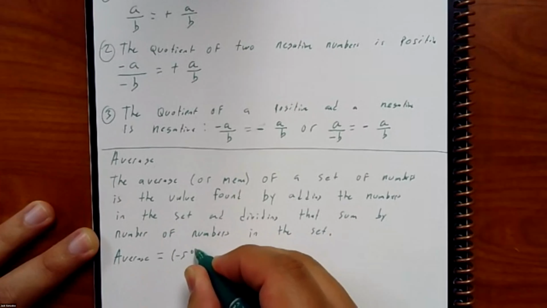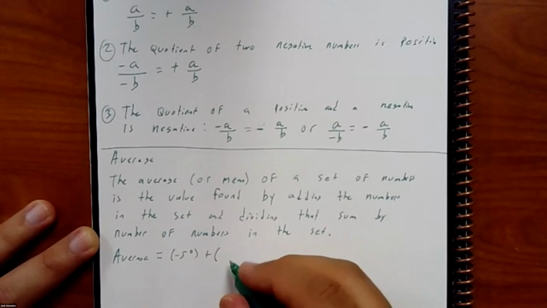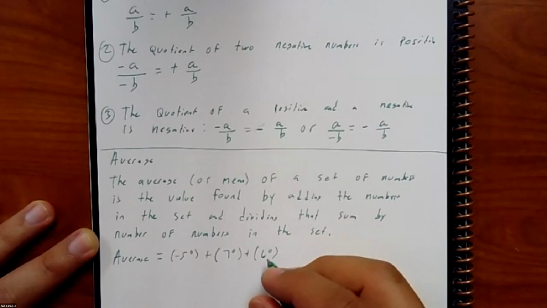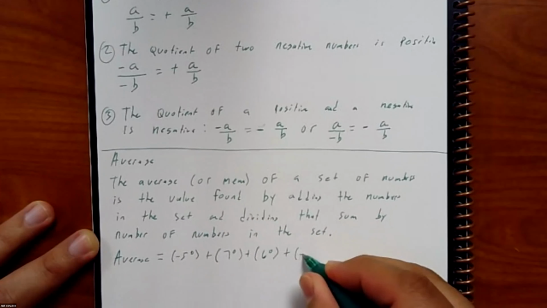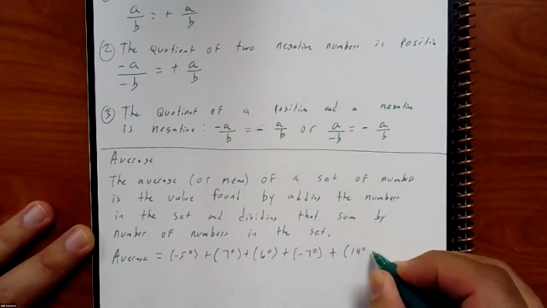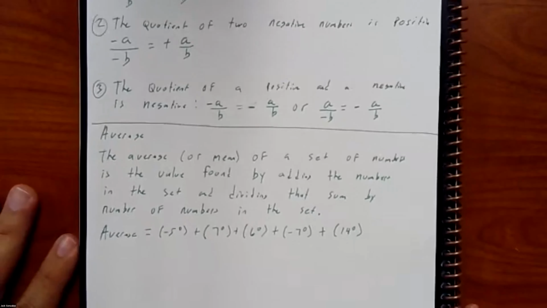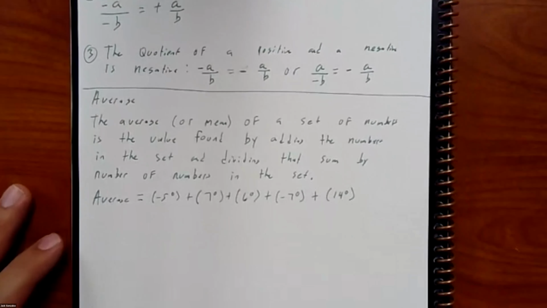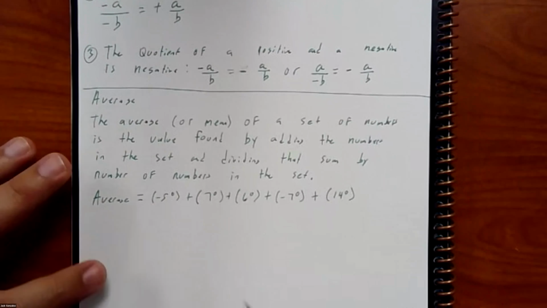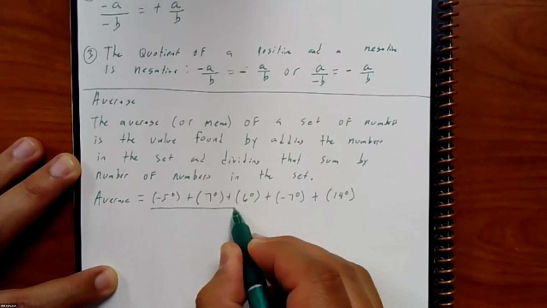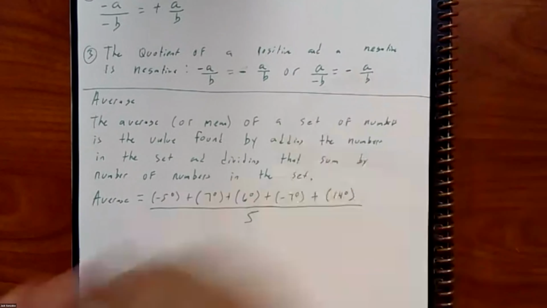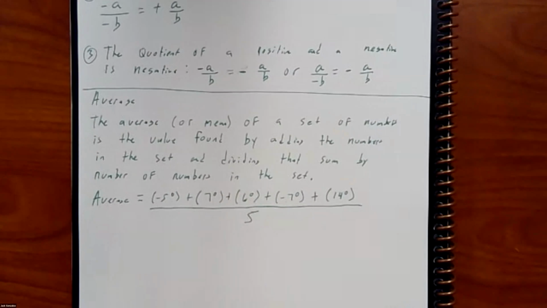The sum. How many total temperatures? Oh wait, 1, 2, 3, 4, 5. Divided by 5.